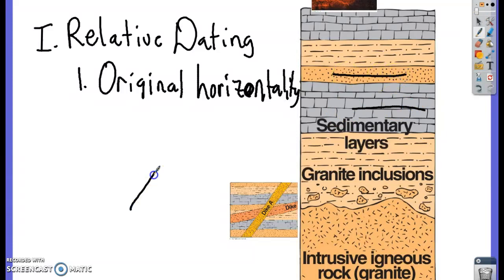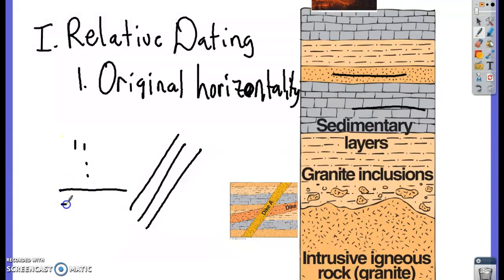If we see layers that are tilted like this, we can be pretty sure that when these sediments landed here, it was not tilted like that. So layers are originally deposited flat. When new stuff comes down and makes new layers, it makes flat layers.